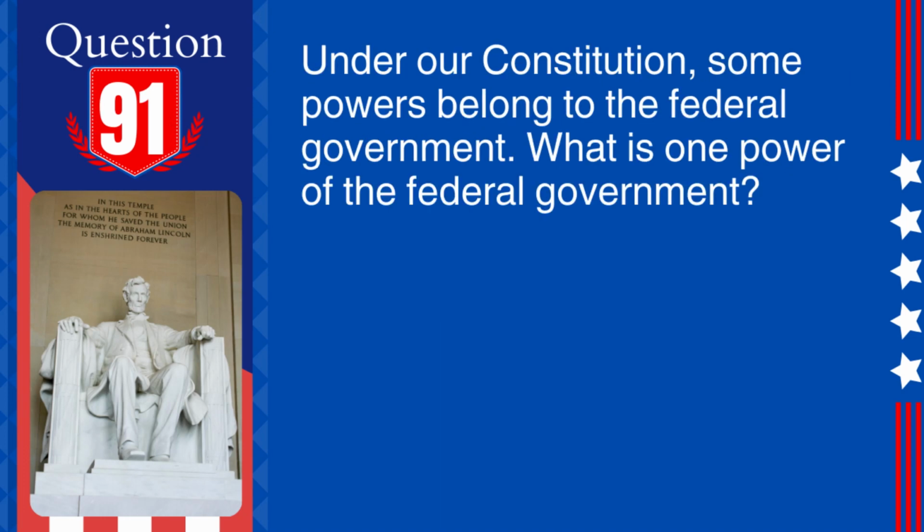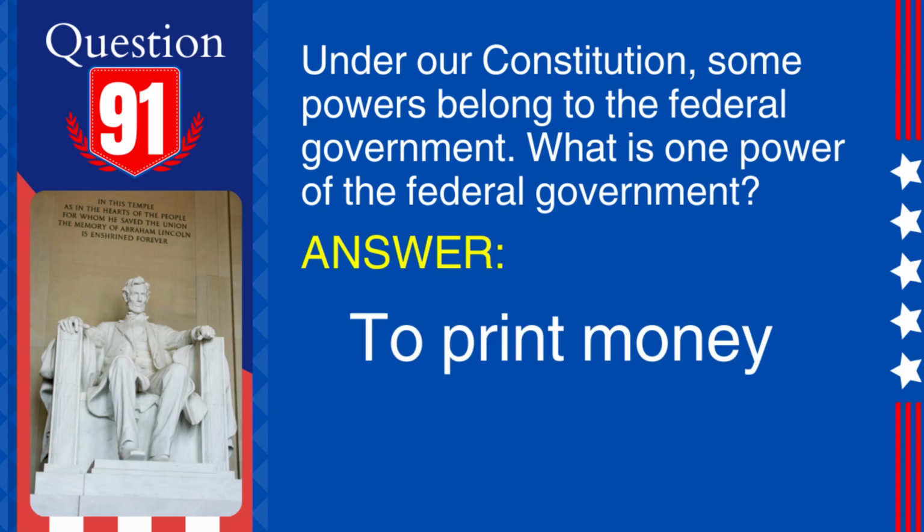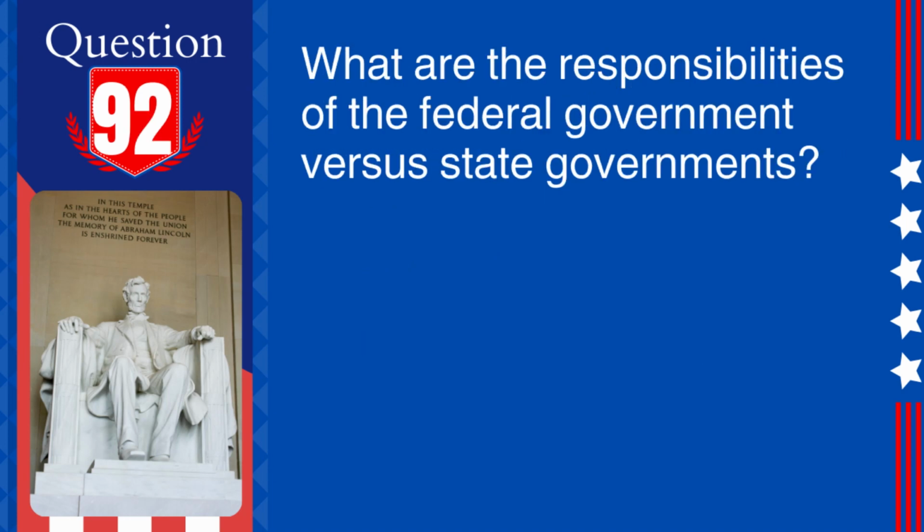91. Question. Under our Constitution, some powers belong to the federal government. What is one power of the federal government? Answer. To print money. Explanation. The federal government has the exclusive power to print and regulate money. 92. Question.